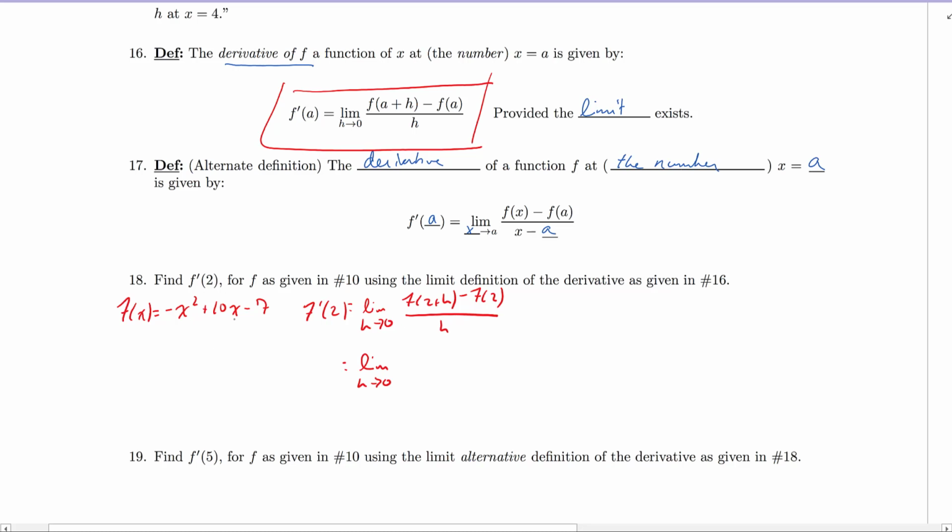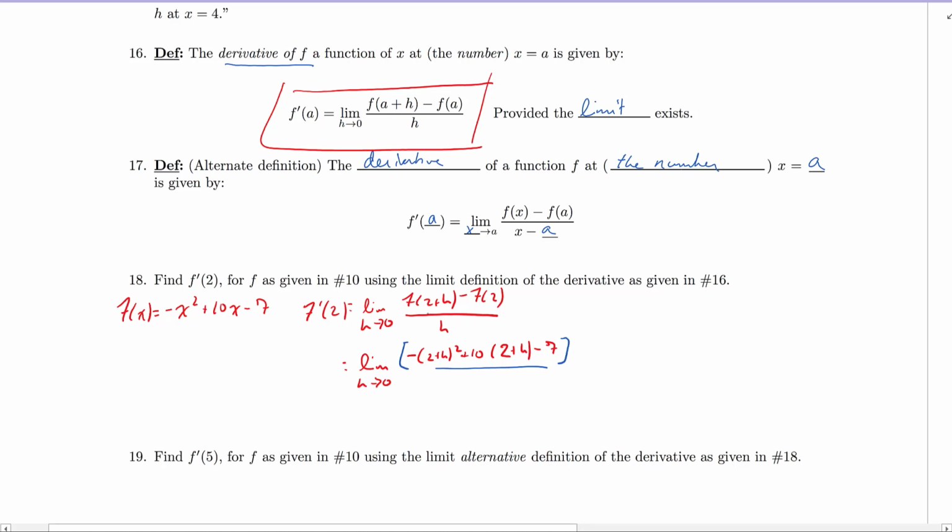So everywhere I see an x in this expression, I'm going to plug in 2 plus h. So that's negative parentheses 2 plus h quantity squared plus 10 times 2 plus h, minus 7.